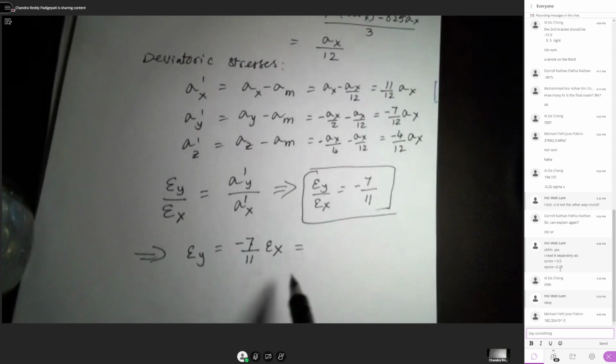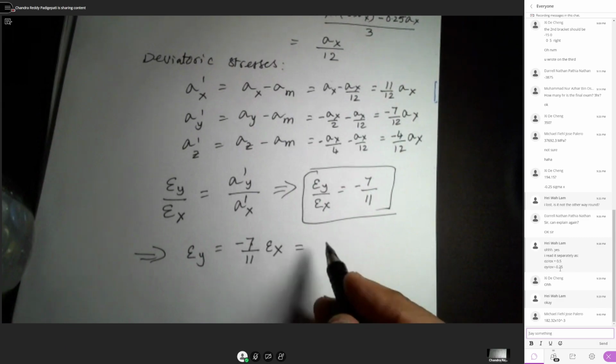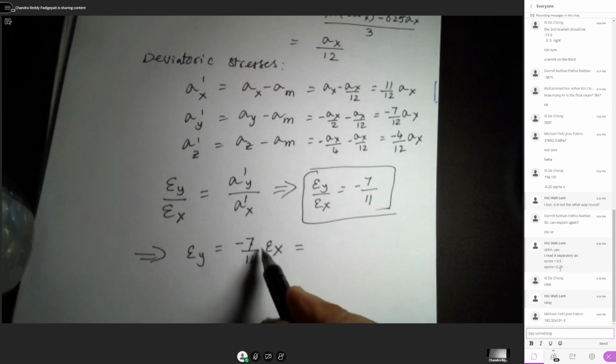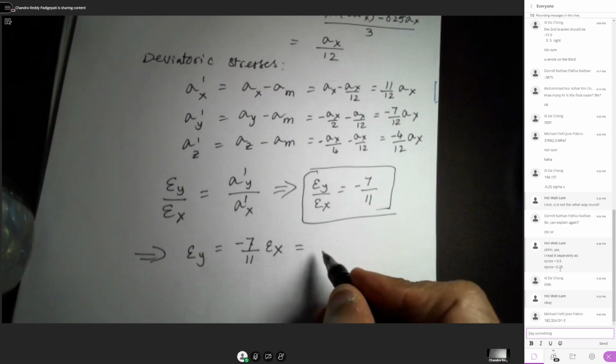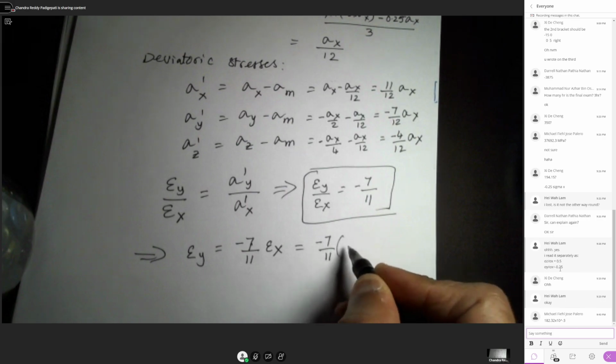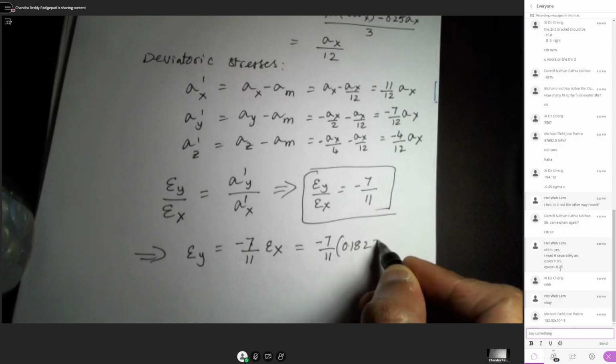Okay, so strain along x we calculated in the first step. So you can calculate this as negative 7 over 11 times 0.1823.